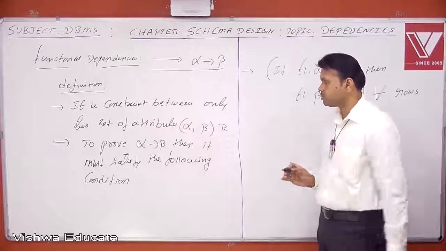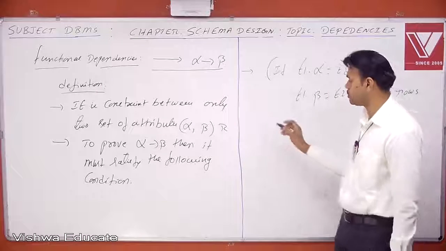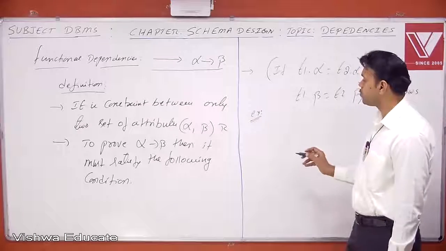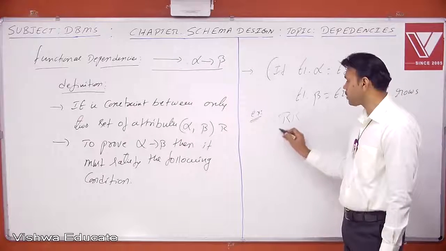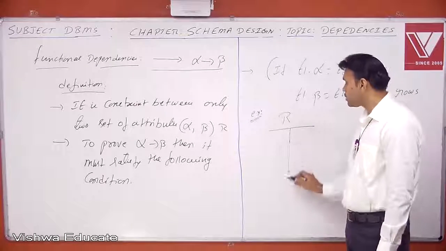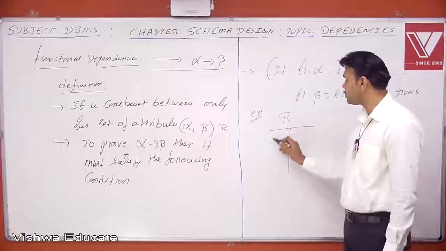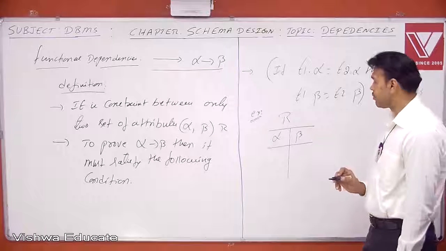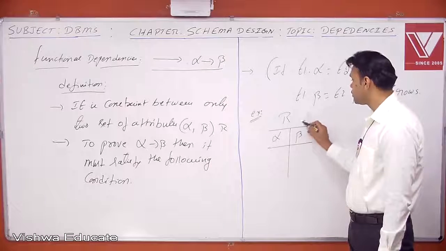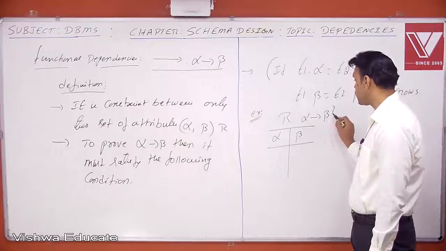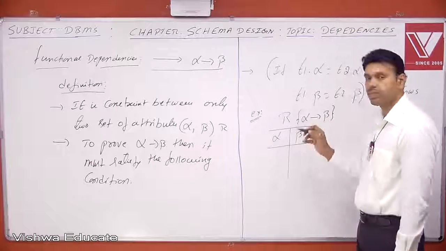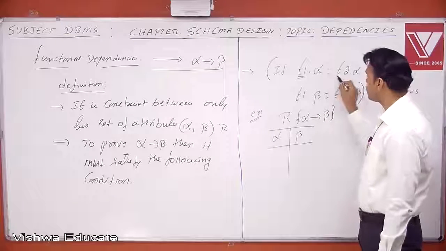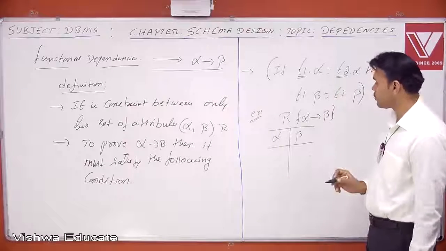Let us test with one example. I am saying there is a table R which consists of alpha and beta, and I want to prove alpha tends to beta is a functional dependency. What is the condition? If tuple 1 dot alpha is equal to tuple 2 dot alpha.